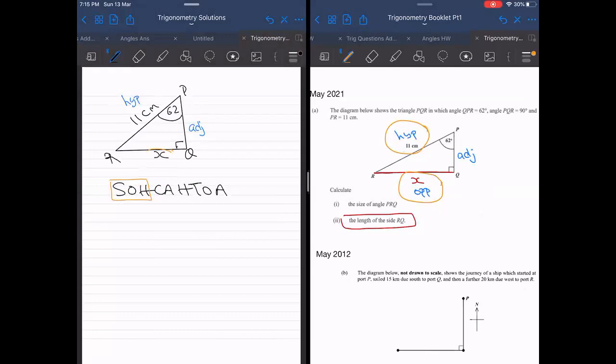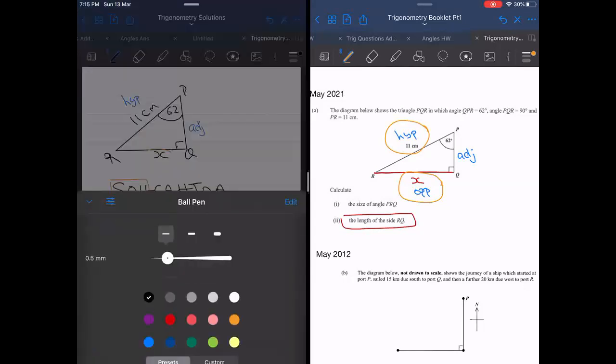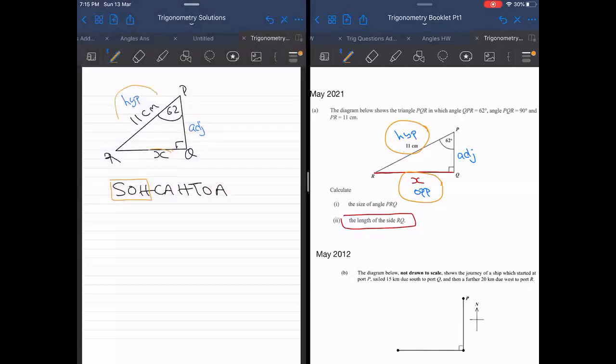I only put the X there because that's what I'm looking for. So I'm saying to you, using the 11, doesn't it make sense to use the side we actually know?